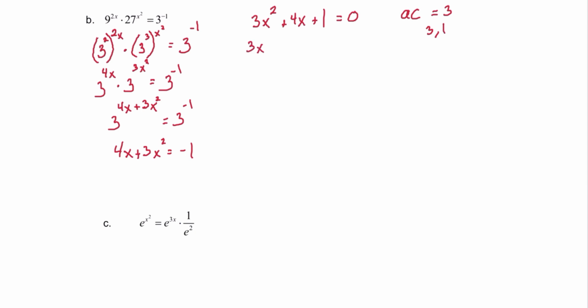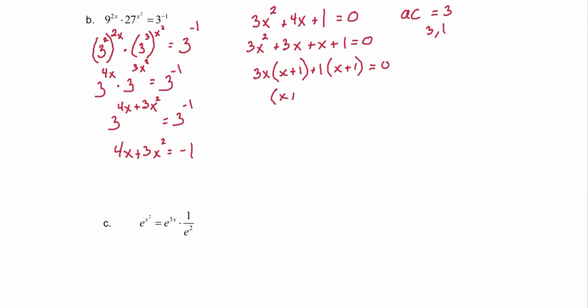So we can factor by grouping 3x squared plus 3x plus x plus 1 equals 0. Factor out the 3x. We're left with x plus 1. And then the right two only have 1 in common. Factor it out, you're left with x plus 1.